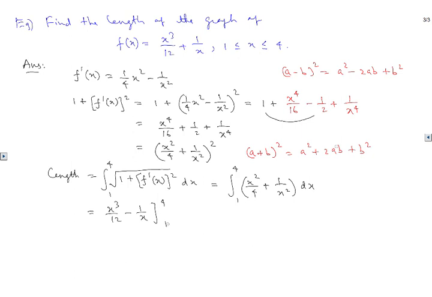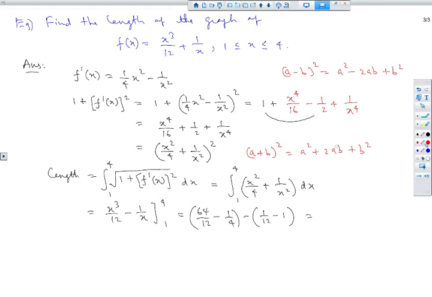So let's see how the rest of the calculation works. Let's plug in 4 first. If you plug in 4, you're going to get 64 over 12 minus 1/4, and then minus, if you plug in 1, you're going to get 1 over 12 minus 1. And then how to simplify this one? You can see, take the common denominator.